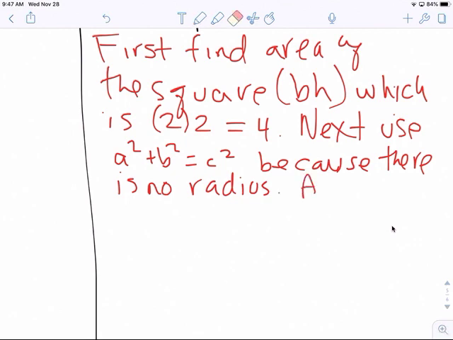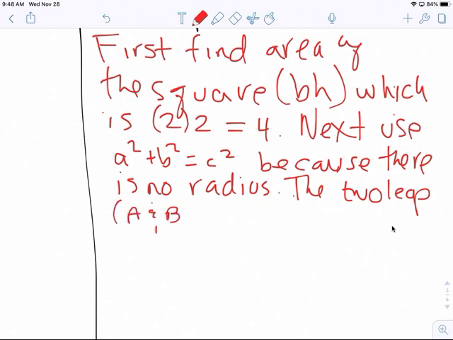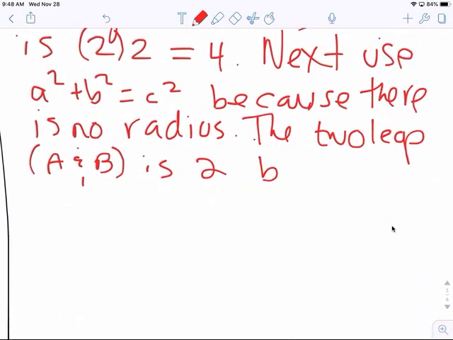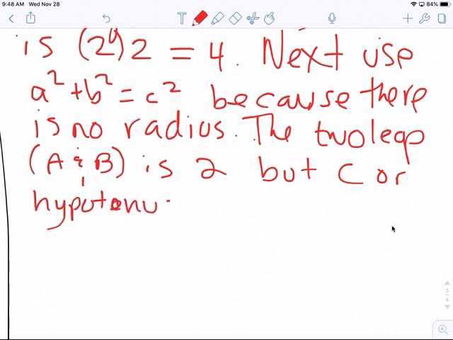A and B are 2, the 2 legs, but C, or the hypotenuse, is missing, which is the diameter.